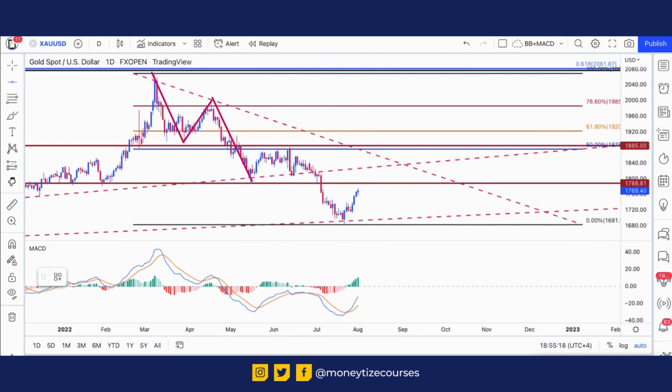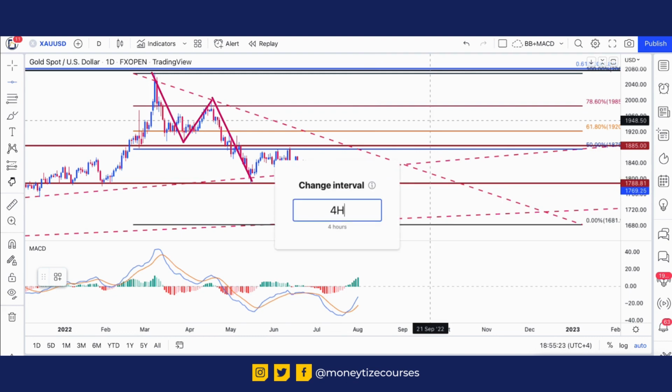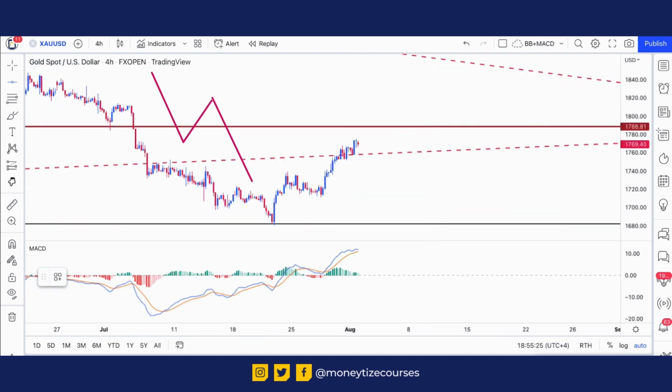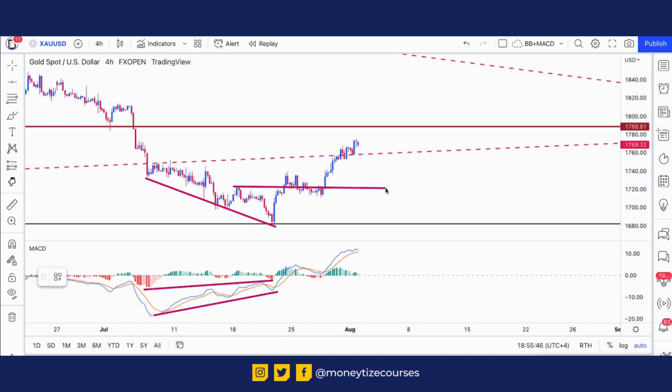Now I'm going to check it on 4-hourly time frame. On 4-hourly, it's a clear bullish divergence, very clear on histograms as well as MACD lines. Okay, so after that we needed a break above this high. So what happened?